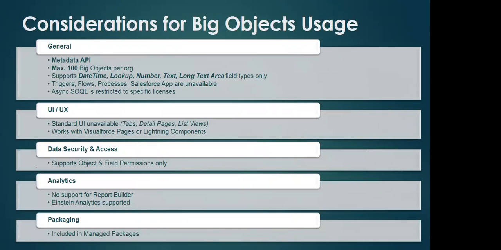So I have again categorized or segregated these particular considerations into five major buckets. I think whenever we build any kind of application for any kind of industry vertical, these five buckets generally come into the picture.